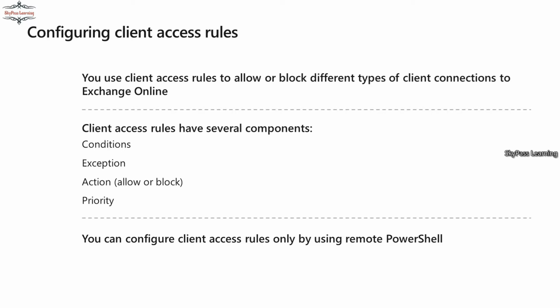As we have exceptions in mail flow, which we saw in the last video, in the same way we have exceptions here also. The most important part I want to mention here: you can configure client access rules only with the help of remote PowerShell. You cannot use a graphical console or admin portal to configure this. The cmdlet that can be used is New-ClientAccessRule.